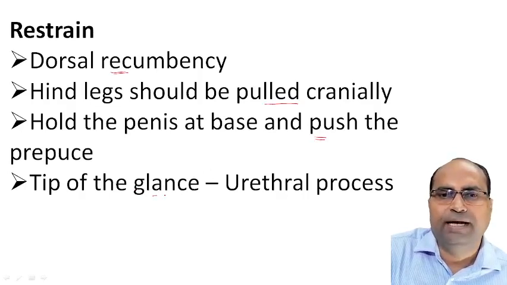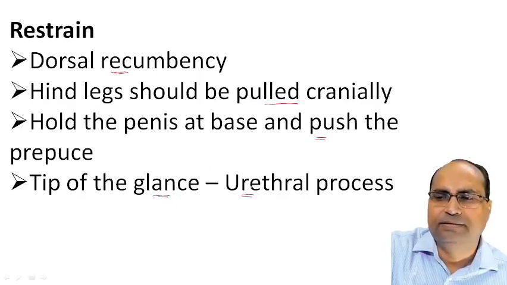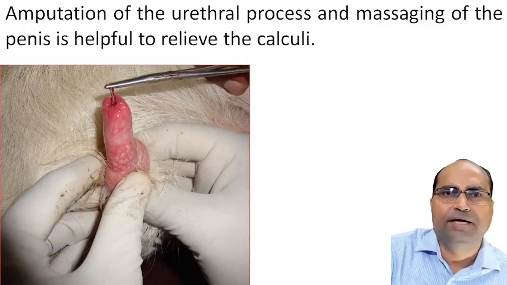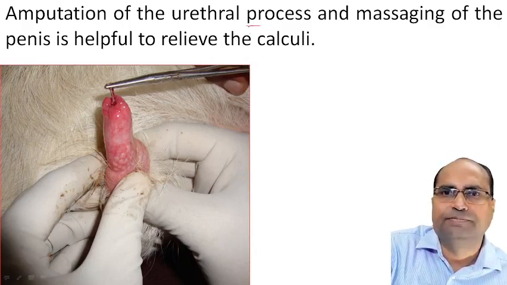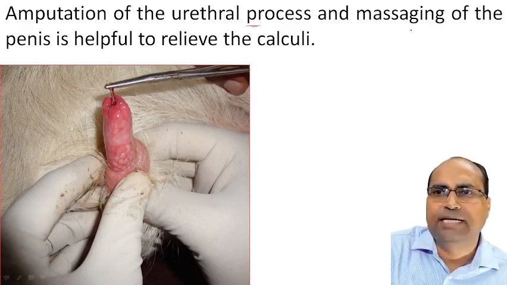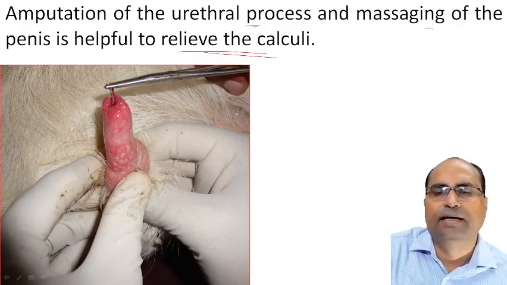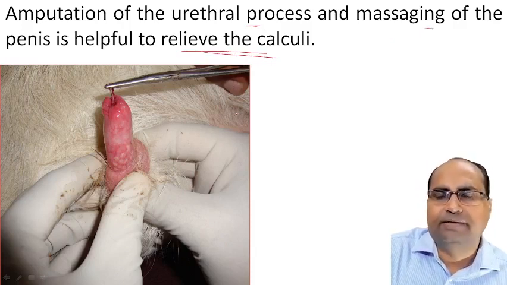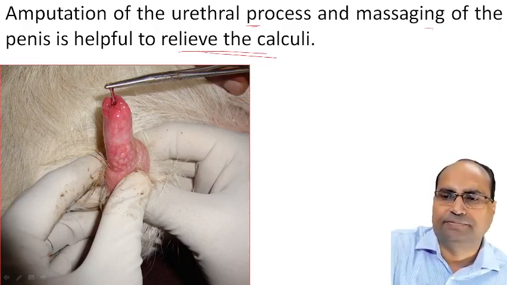The tip of the glans and urethral process is identified and amputation of the urethral process is performed, and massaging of the penis is helpful to relieve the calculi, and after that normal urination is started.